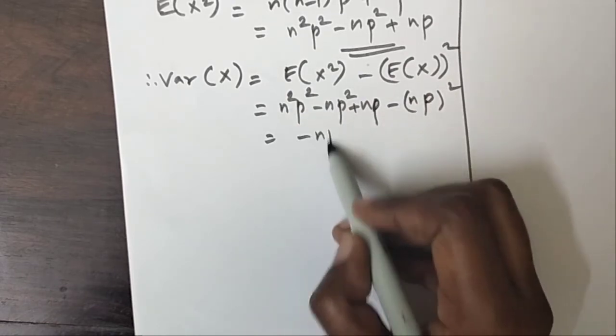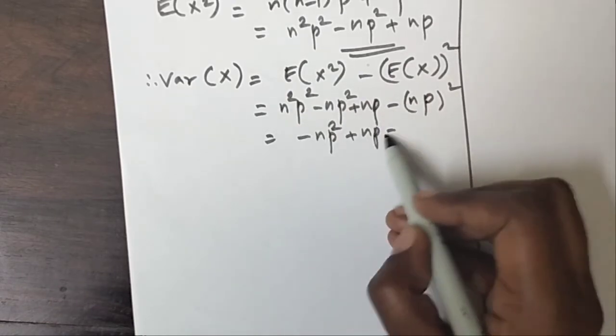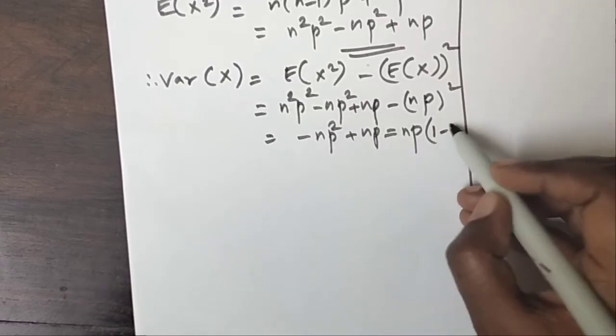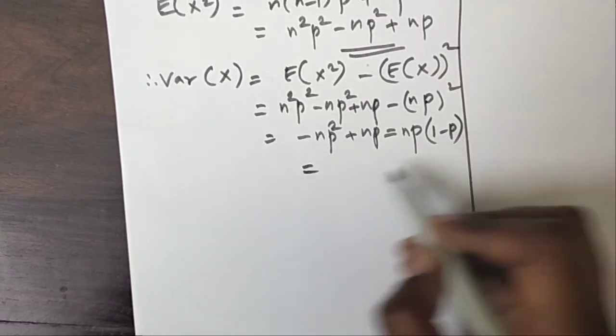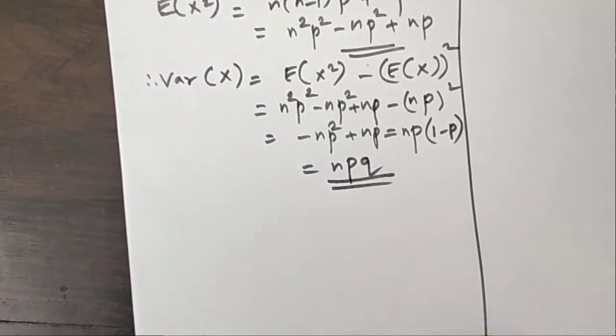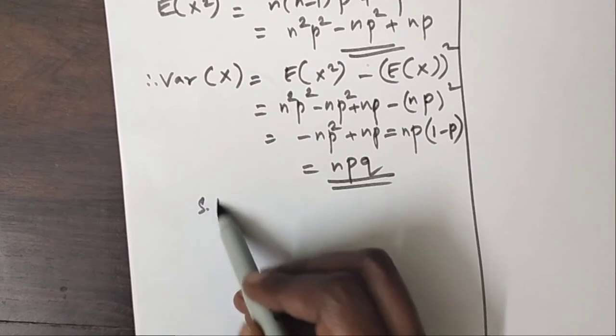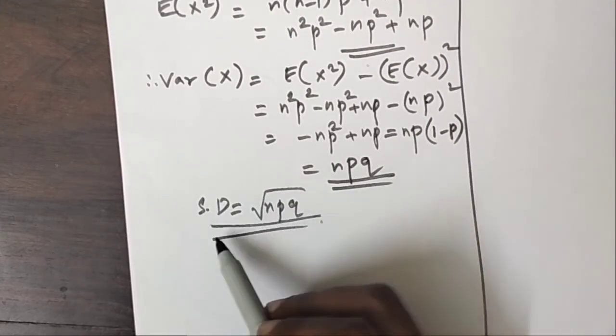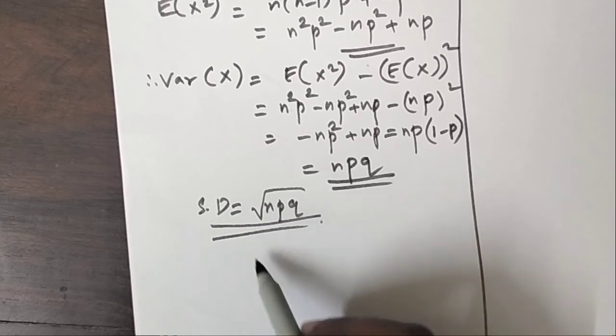Minus n p square plus np remains. Within this, the common np can be taken out: 1 minus p. And what is 1 minus p? It is q. So the variance is npq. And the standard deviation is the root of variance, root of npq.